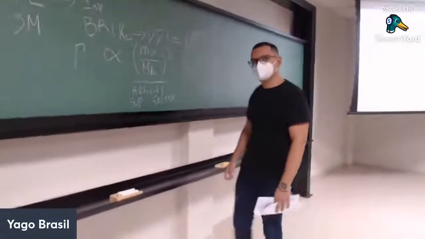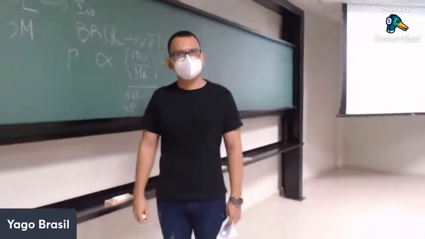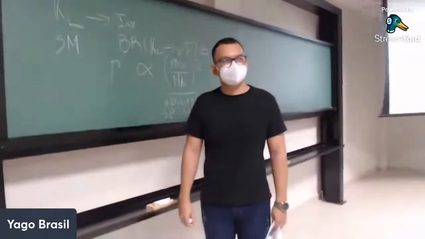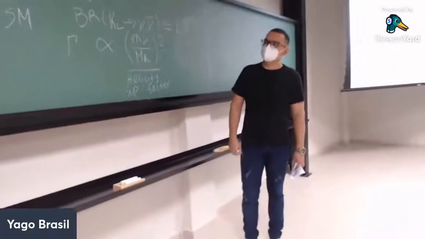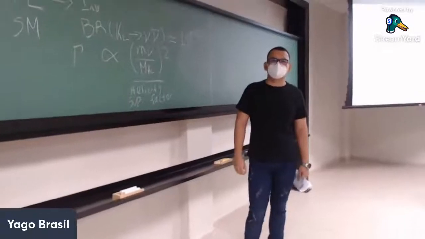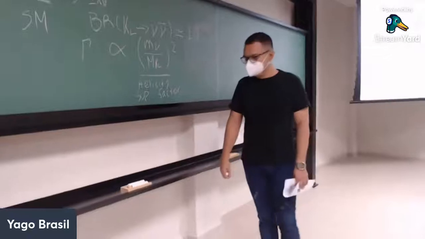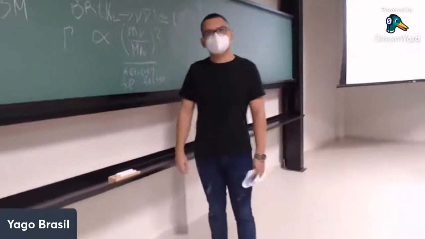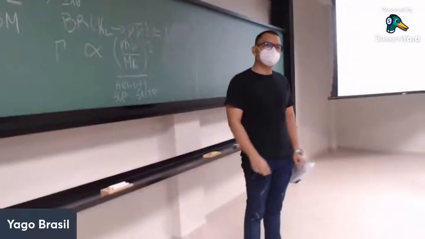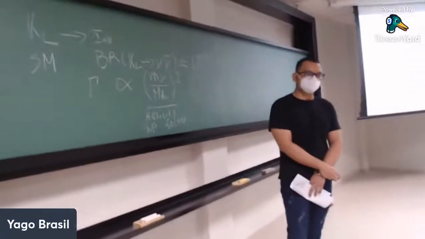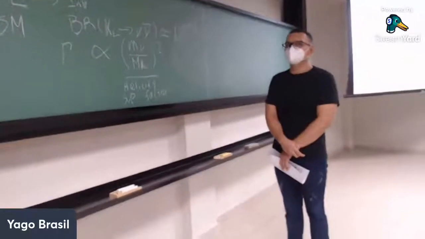One way is to search for the presence of Yago, of a new force, in meson decays, such as kaon. Kaon is a meson which decays into neutrinos. Neutrinos are known as the ghost particles in the scientific books: very light and very hard to detect. So a kaon can decay into neutrinos and might also decay into Yago.